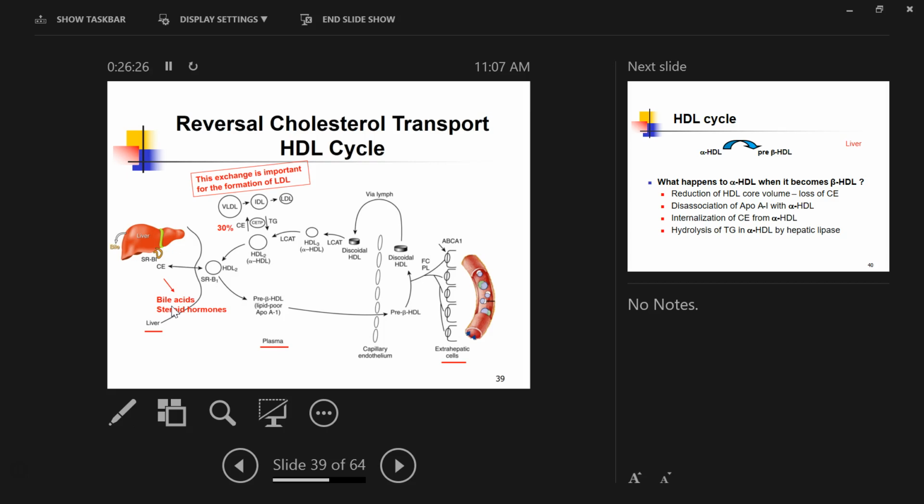And the liver disposes of the cholesterol in several forms. For example, it can synthesize bile acid from cholesterol and also steroid hormones. And once the alpha HDL has uploaded its lipids to the liver, it becomes beta HDL again, and goes back to the peripheral tissue and repeats the same cycle.